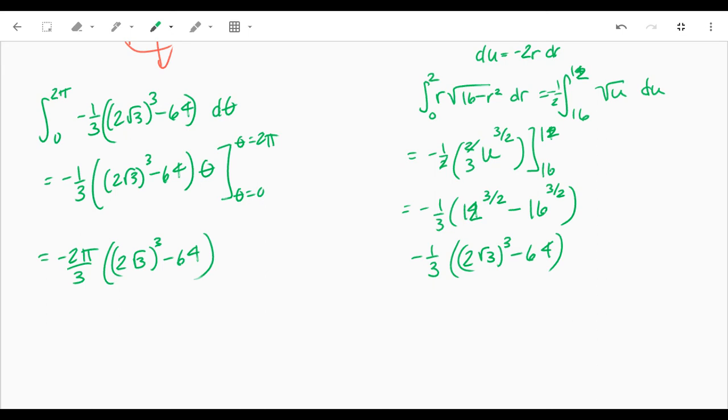Now remember we need to double it, and we need to subtract it from the volume of the sphere. So remember the volume of a sphere is 4/3 pi r cubed. And in this case, r was 4. So 4 cubed is 64 times 4, right?